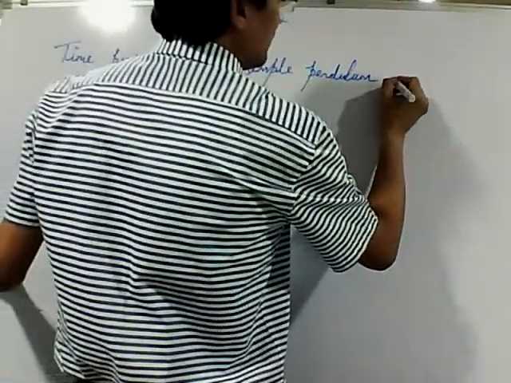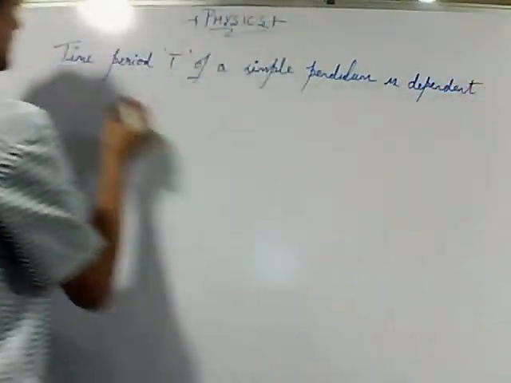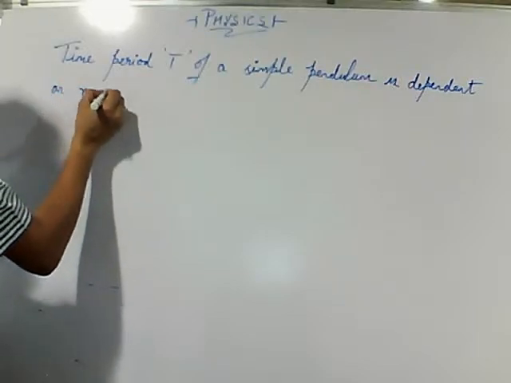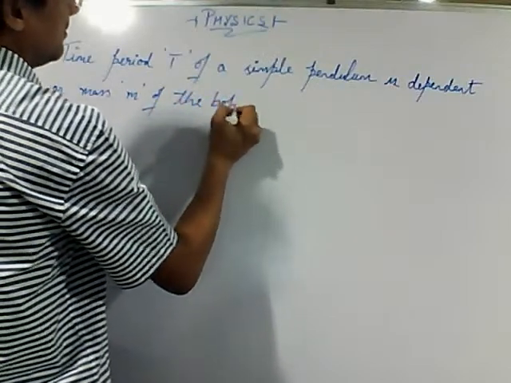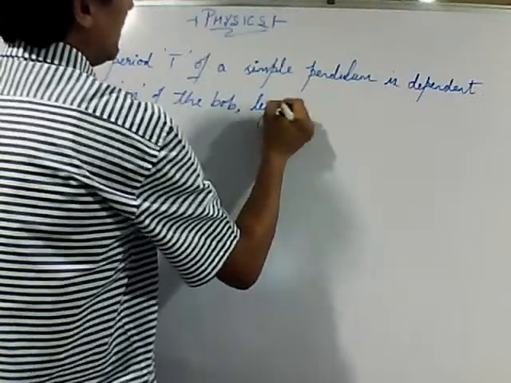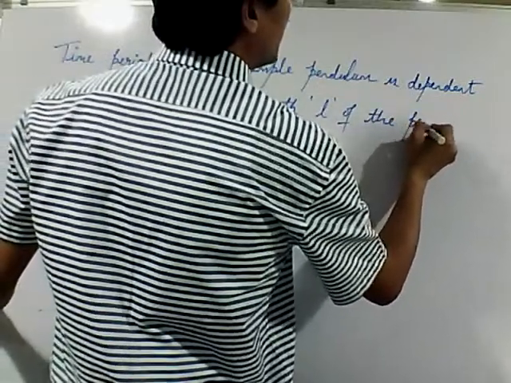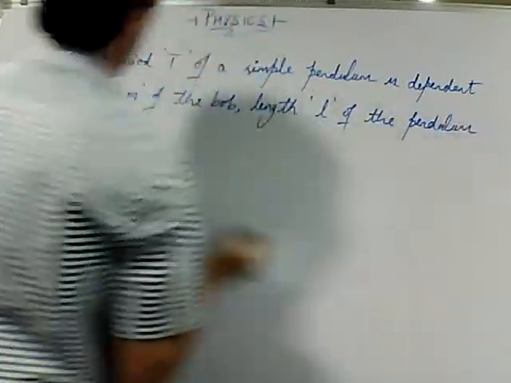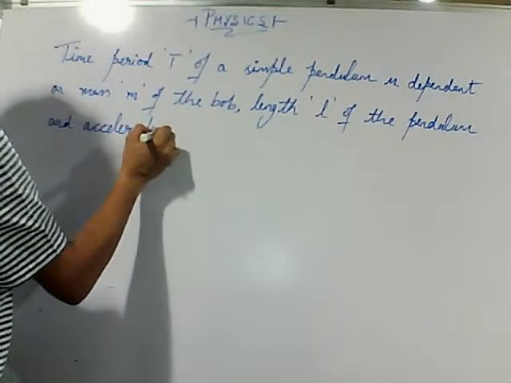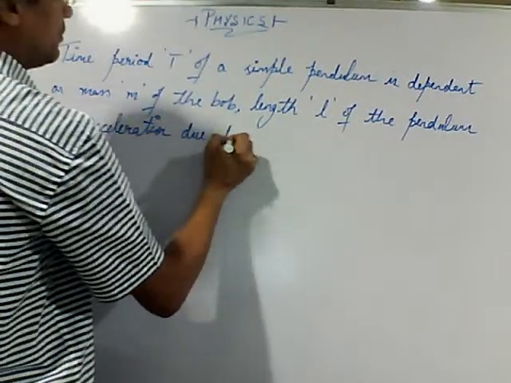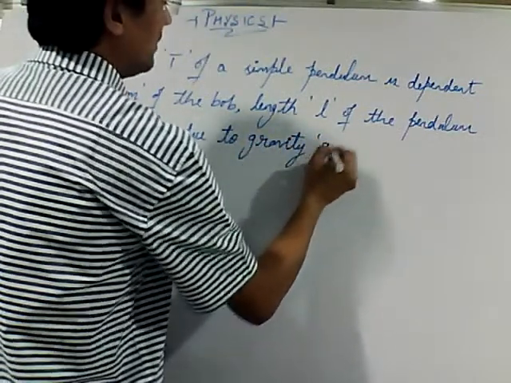Time period T of a simple pendulum is dependent on mass m of the bob, length L of the pendulum, and acceleration due to gravity, small g.